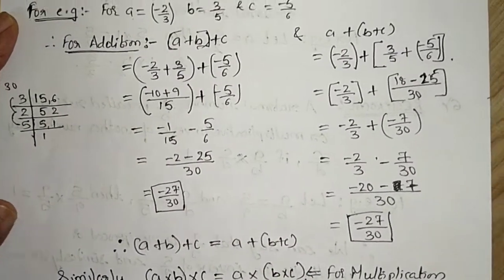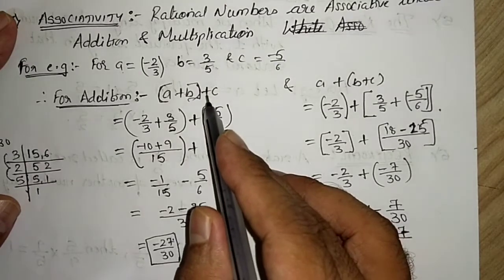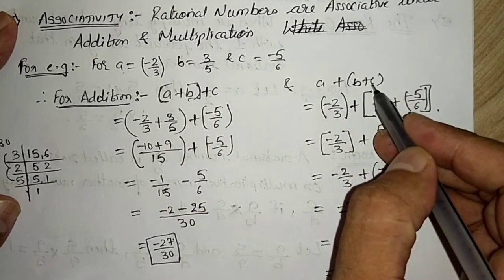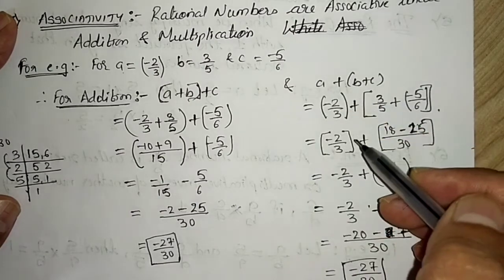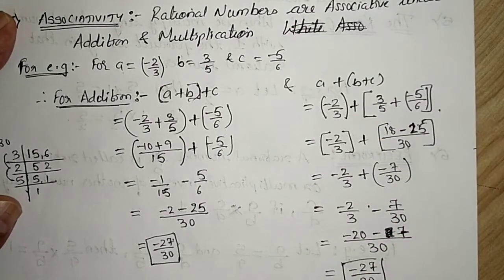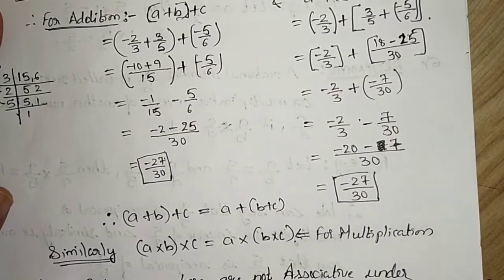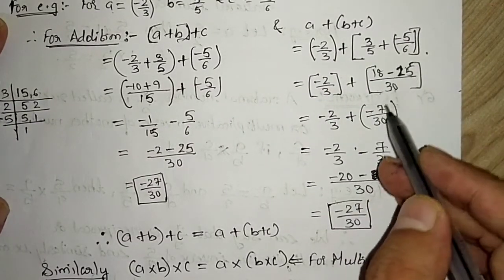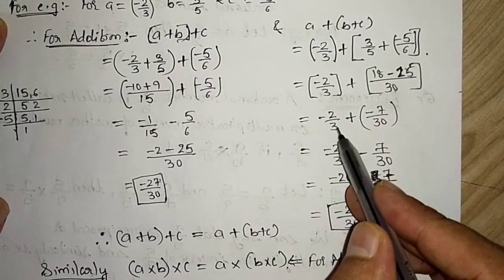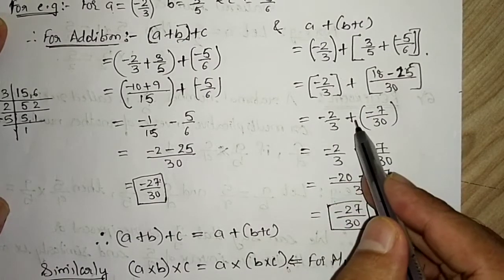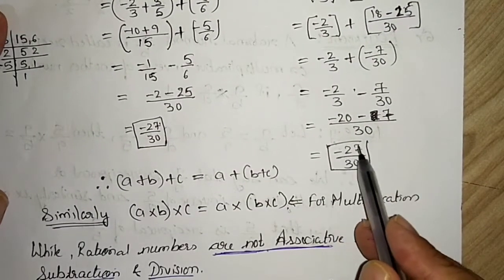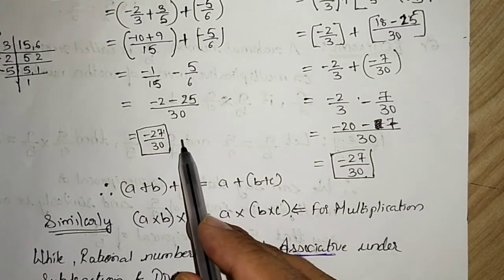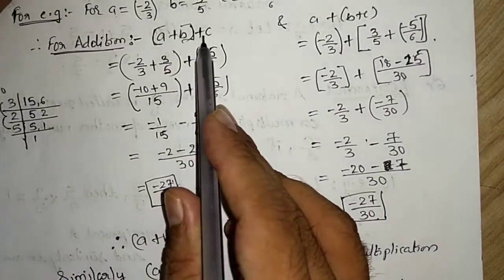Now I am trying to prove it: first I am grouping B plus C and keeping A as it is, and let me see what is the answer. First I have solved this bracket, the resulting answer was minus 7 by 30, then I added to A, the resulting answer is minus 27 by 30, which is the same as A plus B in one bracket and then adding C.